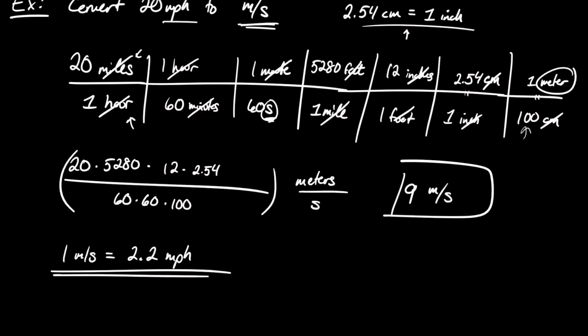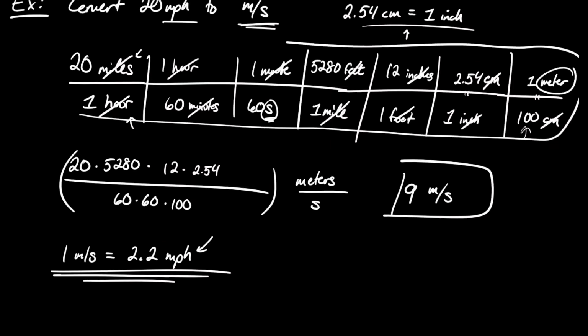And you can instead just use this shortcut to jump straight from miles per hour to meters per second without doing all these intermediate steps. Basically what this is, they've taken all the numbers in here needed to do the conversion and lumped them together.